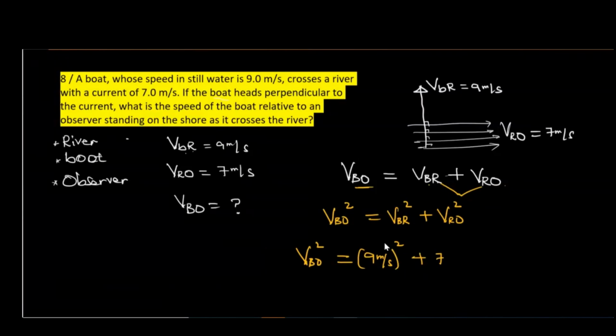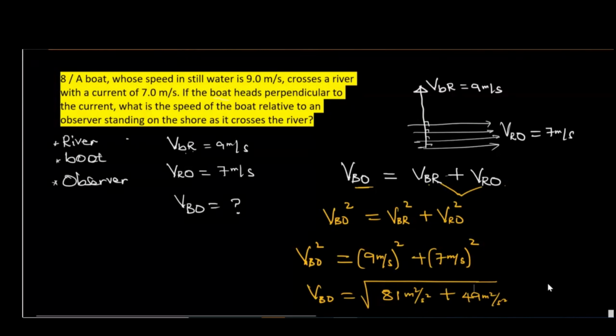You have to read them very carefully in the right way. If you put both under a square root, the square root of 9 squared, 9 times 9, is 81 meter squared per second squared, plus 7 squared, which is 49 meter squared per second squared.